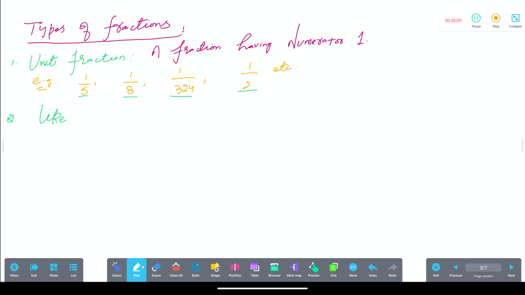Or wait, we will not go with like fractions first. We will first take proper fractions. Proper fraction, it's not fraction, sorry. Whenever I use the word fraction, it means a single fraction can be a proper one as well. Now what do you mean by proper fraction?